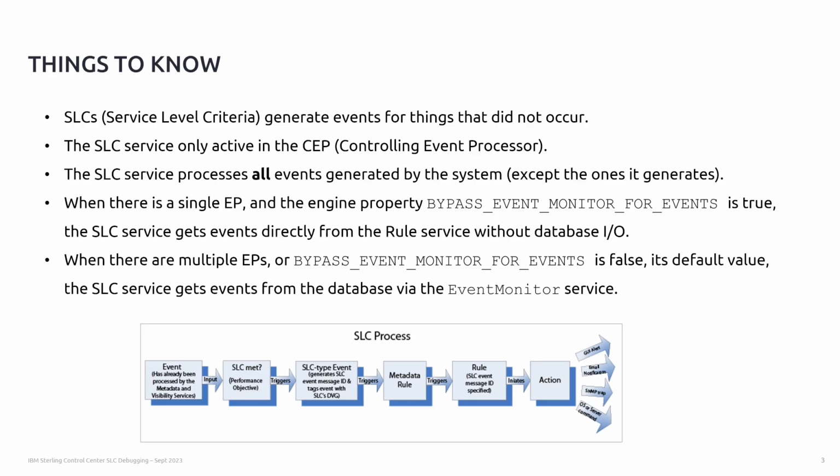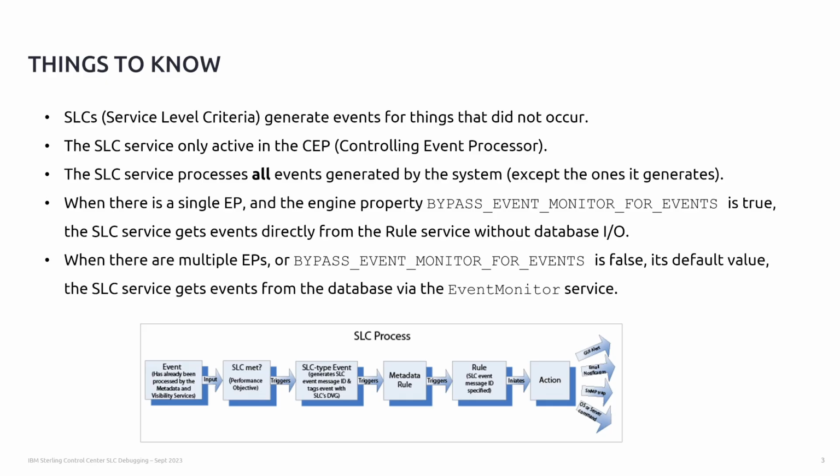And why would you want to do that? Well, to reduce the delays in the SLC service getting events that occurred. Because if the SLC service doesn't get the events about things that happened in time, those timers that I mentioned that get set up won't get canceled, and you'll get events about things that supposedly didn't happen.